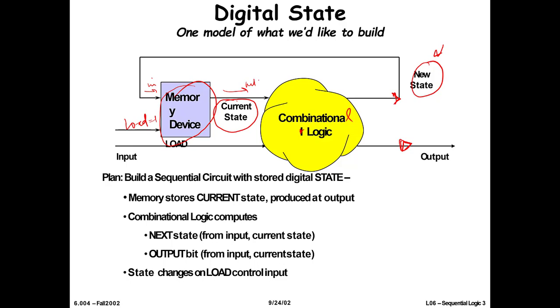Okay, so this problem can be solved with this model. For example, this new state of the bulb, this may be the bulb state. It depends on the current bulb state, which is stored in this memory device.